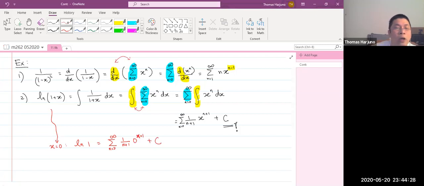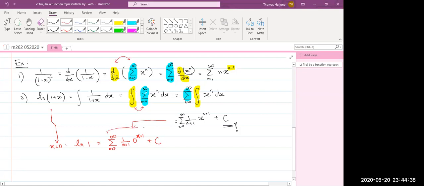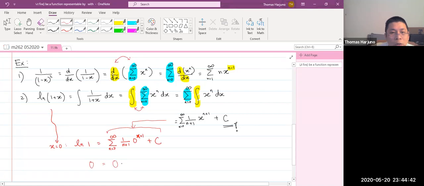Now, what is ln 1? Zero. ln 1 is 0. But the summation of zeros is also 0, which implies c is 0.